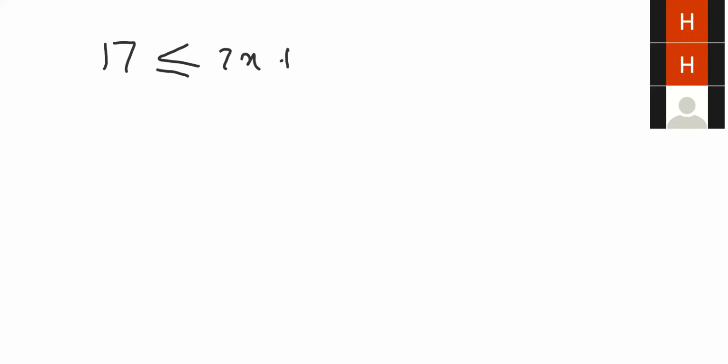However, since there is an equal to sign in between, I'll be making a filled circle, and my arrow would be pointing to the right because it is greater than 2. If my answer was x is less than and equal to 2, I'd be making a number line where my dot is filled and it's on 2. However, my arrow directs towards the left because my x is less than and equal to 2.